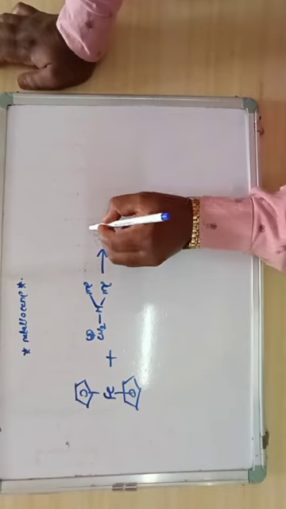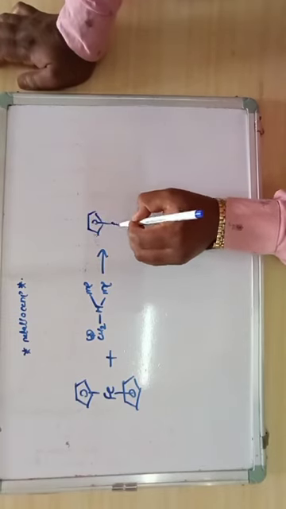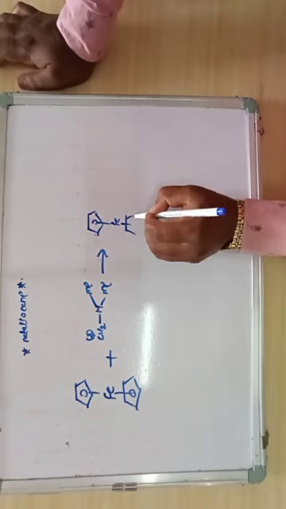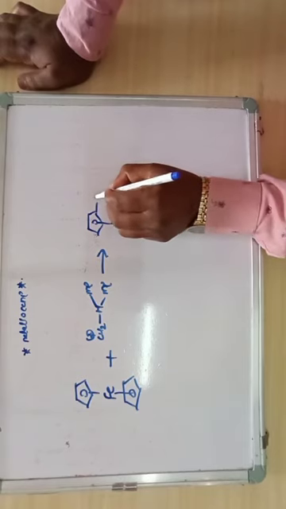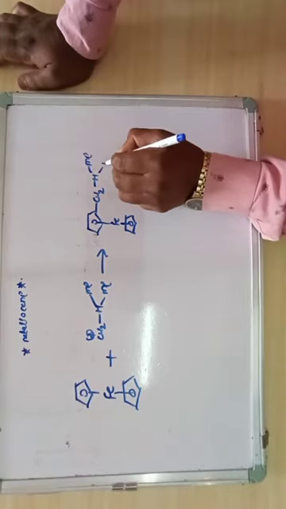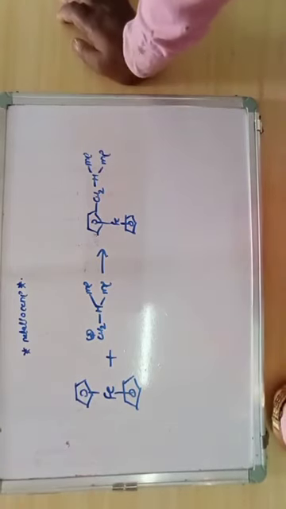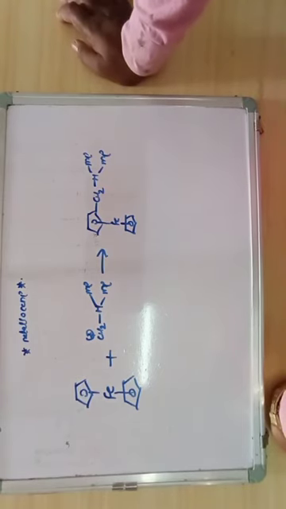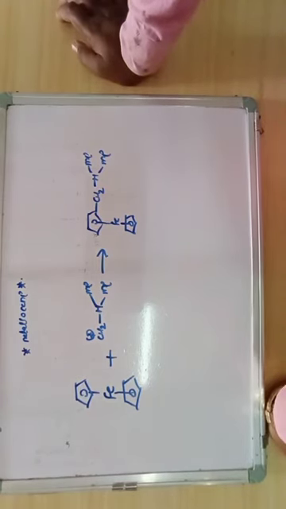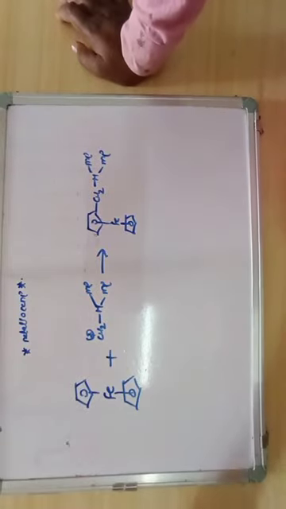So what is the product? See here, CH2NMe2 attached to the ferrocene. So no doubt it shows alkylation and acylation products, and it also shows the Mannich base reaction. It is very important in organic chemistry.